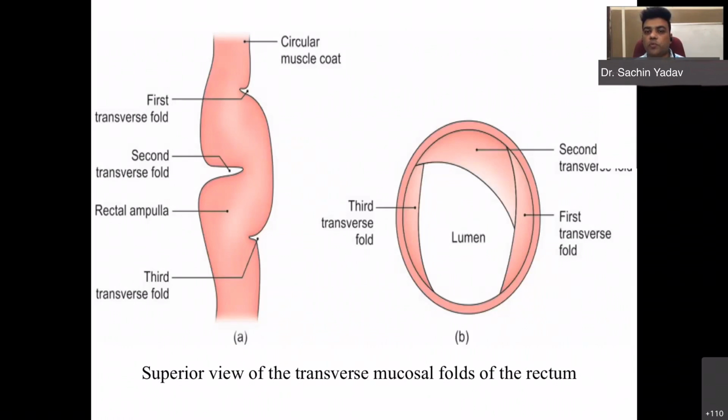The first transverse fold comes from the left, which is smaller in projection. The second is seen as the largest, coming from the anterior and the right. And again the third transverse fold from the left is inconstant. When you see from above, you will see the circular lumen, which is interrupted by this mucosal fold.